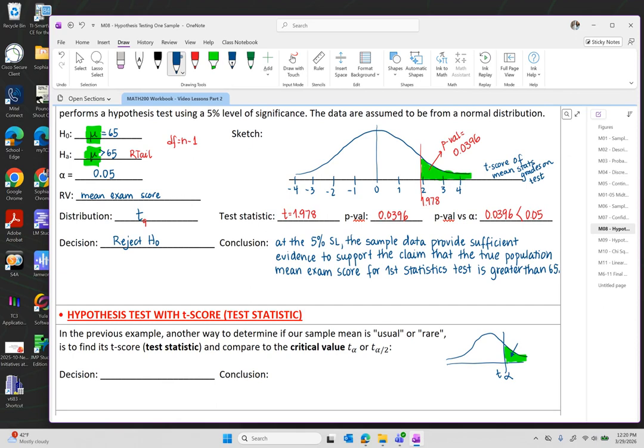So this will be alpha, the area, and I need this t-score.